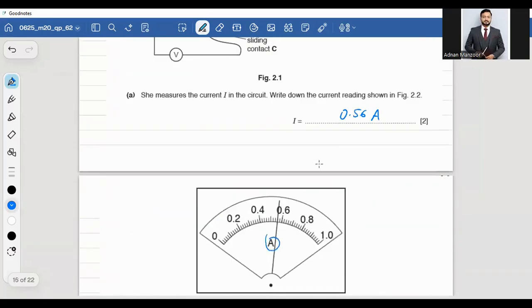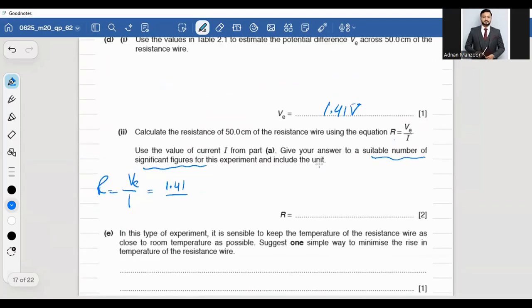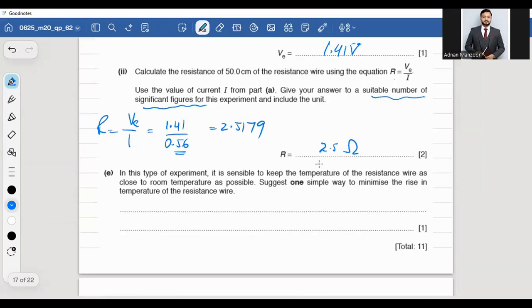We have already found out that here, 0.56. Okay, so 1.41 divided by 0.56 is 2.5179, or 2.5, because the minimum number of significant figures is 2 in the question.